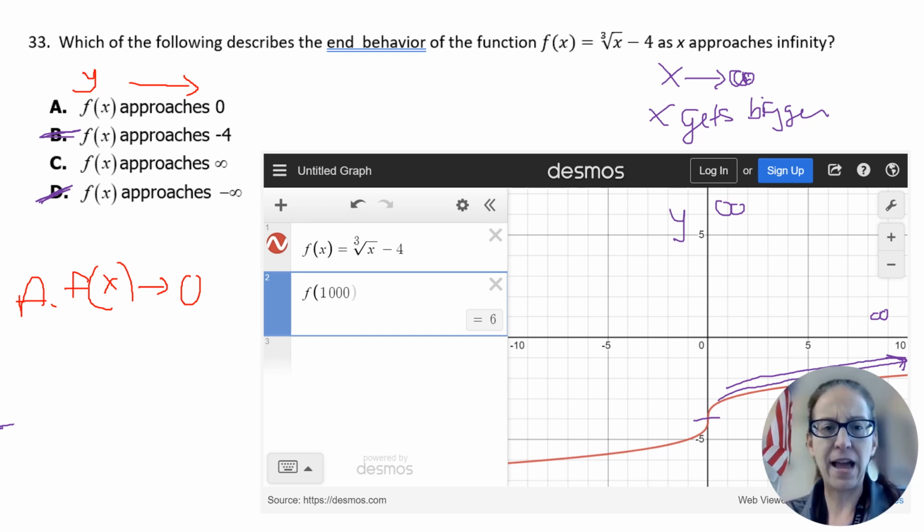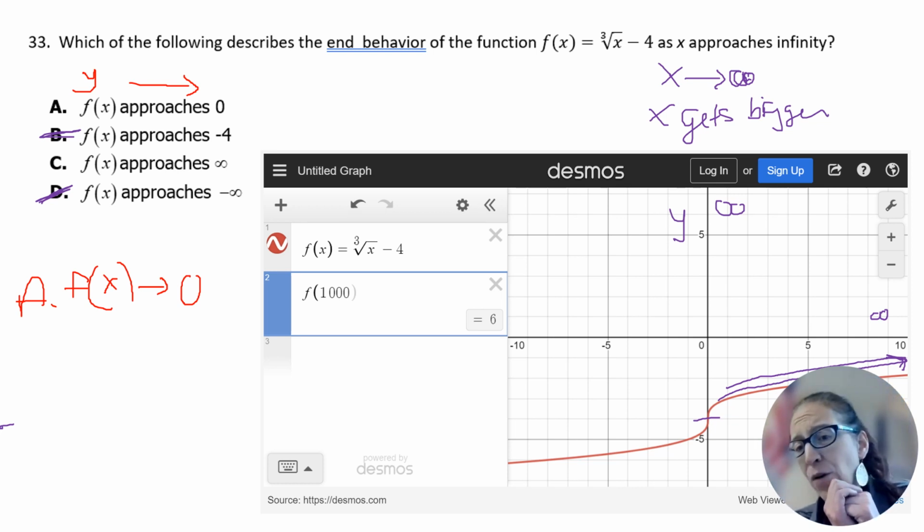So I'm going to try f of 10. Okay, f of 10 is negative 1.8. So getting closer to 0. Let's try f of 20. Still negative. Okay, it's still negative, but it's less negative than it was. I'm guessing we need to go much bigger. Let's do f of 100. Aha, there we go. That's the lazy man's way of plugging numbers in to see what they're equal to.